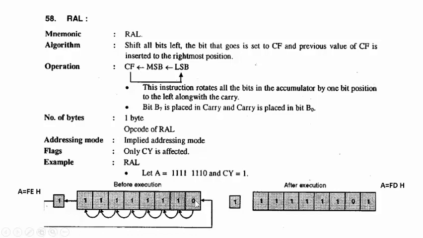As a left shift, D0 bit gets shifted to D1, D1 to D2, D2 to D3, 3 to 4, 4 to 5, 5 to 6, 6 to 7, and the 7th bit, that is the most significant bit, goes into the carry flag bit, and the bit which is available in the carry flag bit goes to the D0 location.